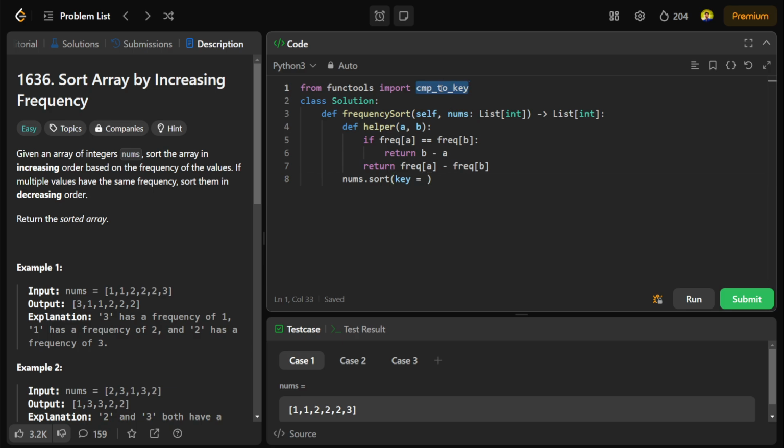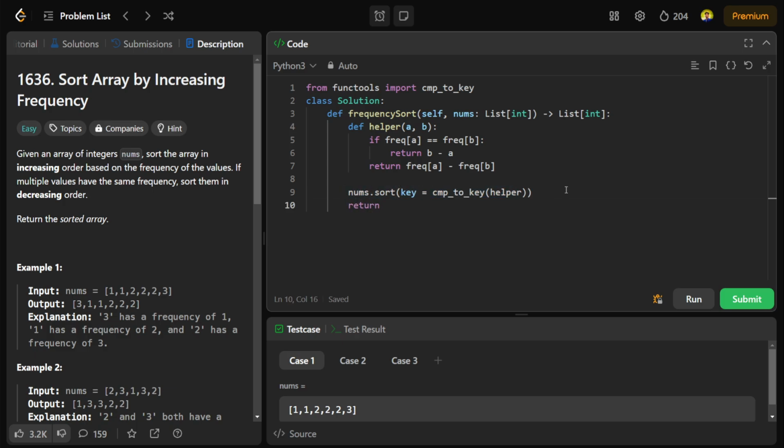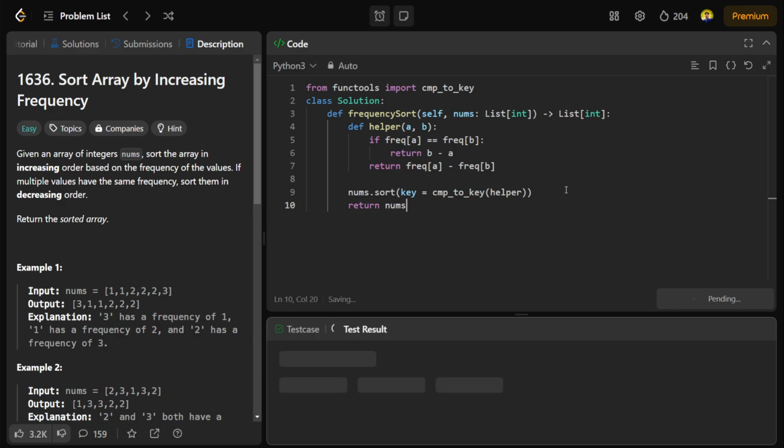Here I will be passing that helper function. It will be passing two values to this function, and it will be returning either a positive or negative value. Based on that, the numbers will get sorted. Now I can return nums from here, and the sorting will be done based on our requirement.